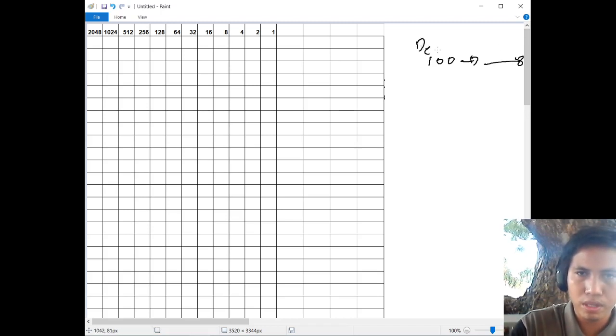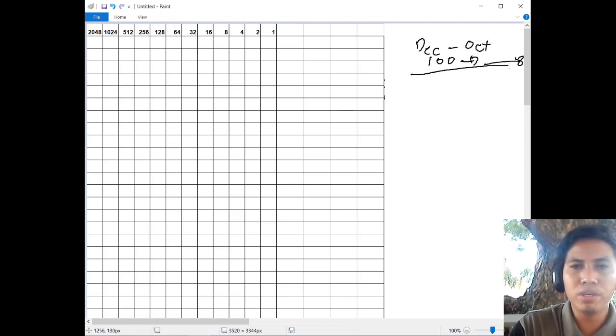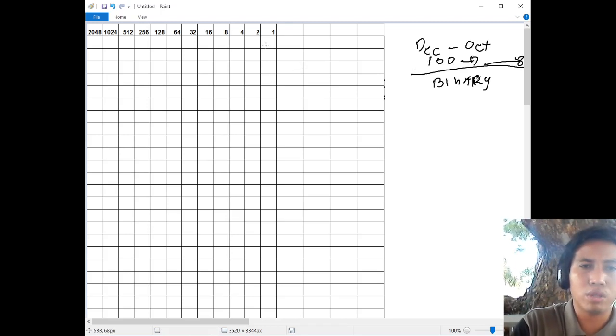This is decimal to octal. As I told you a while ago, we need first to convert it to binary. After converting that into binary, it would be easier to convert that binary to octal.